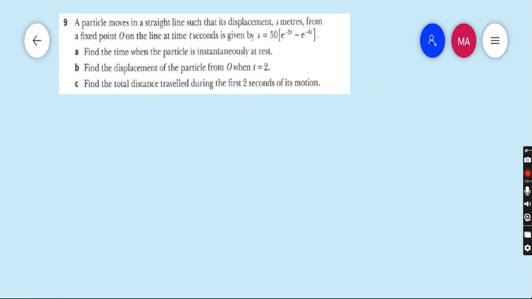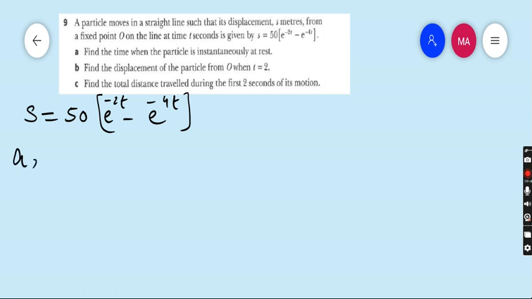Question number 9. A particle moves in a straight line such that its displacement s meters from a fixed point O on the line at time t seconds is given by s is equal to 50 e to the power minus 2t minus e to the power minus 4t.